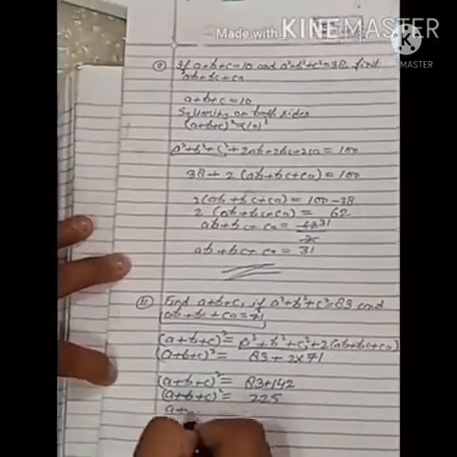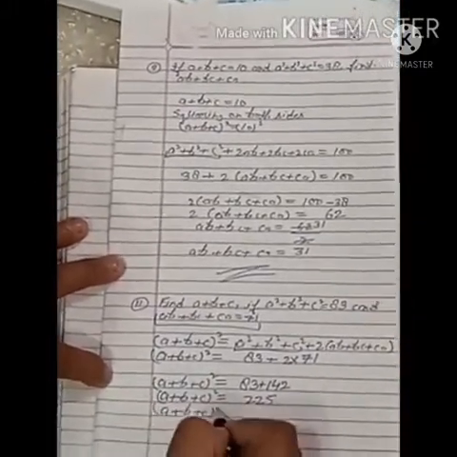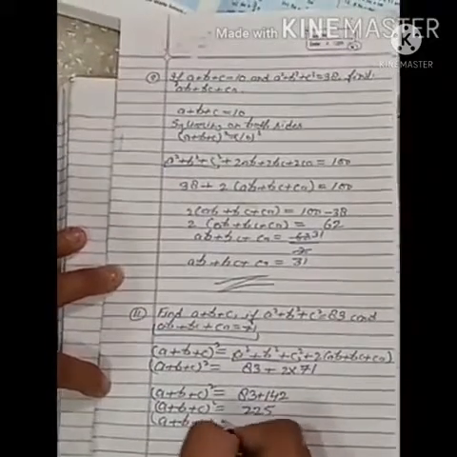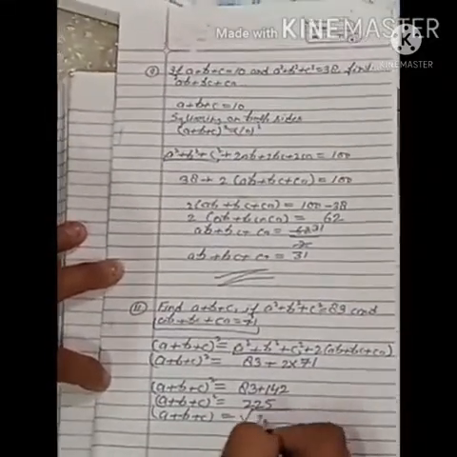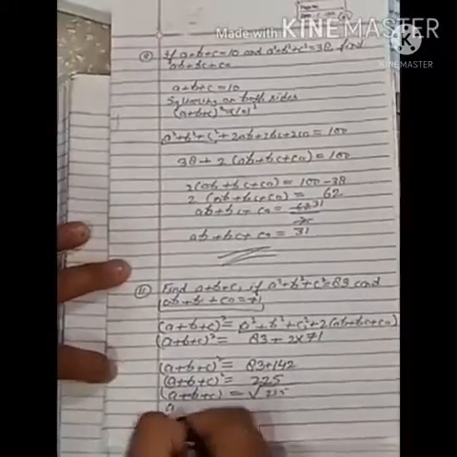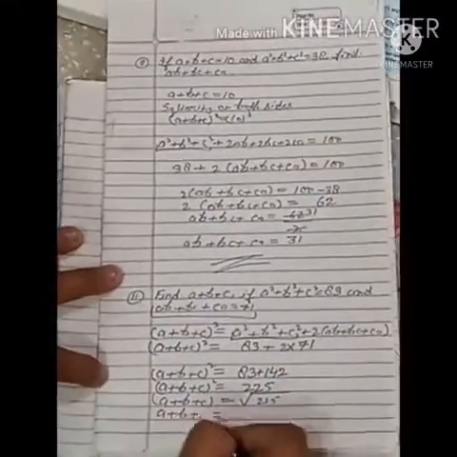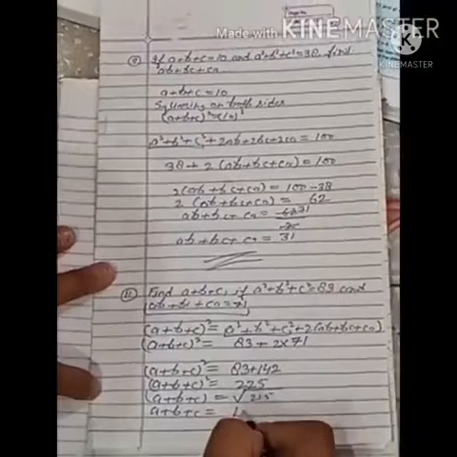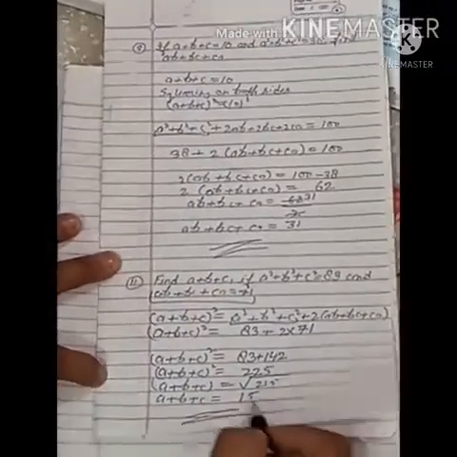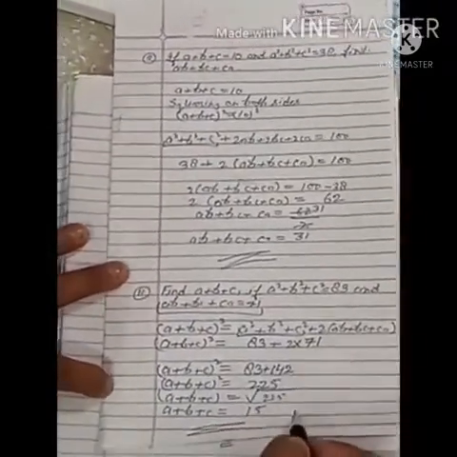So a + b + c is equal to under root 225, that is 15. So a + b + c is equal to 15.